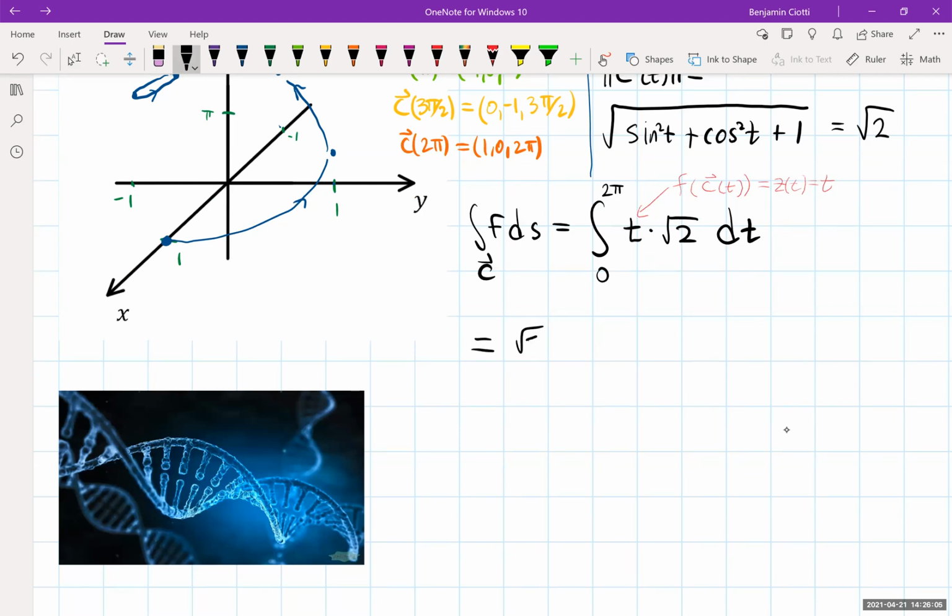So you can actually do the computation here. It'll be root 2 times 1/2 t squared from t equals 0 to 2 pi. So that's root 2 times 1/2 times 4 pi squared, which is 2 root 2 pi squared.